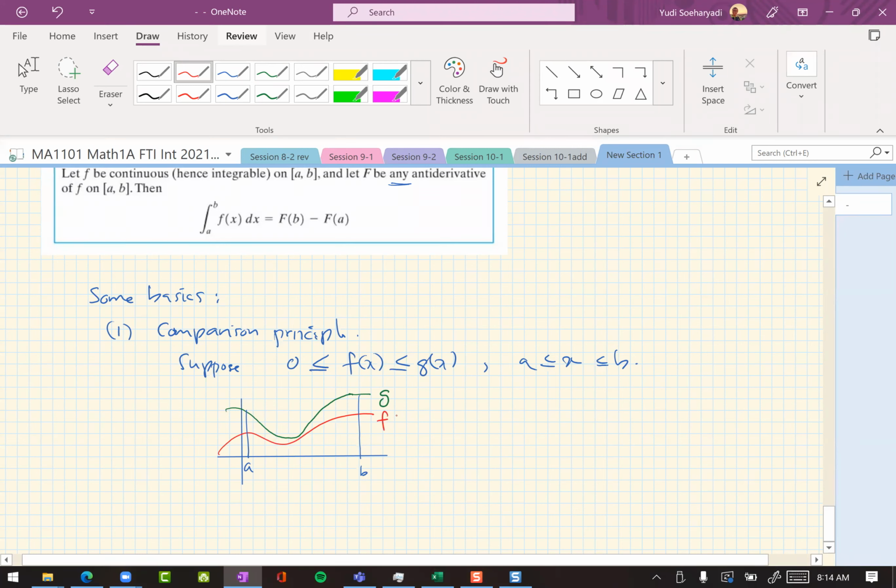Okay. So what we see is that the integral, because the integral is area, so the area under G is larger than the area under F. It's integral, positiveness first.